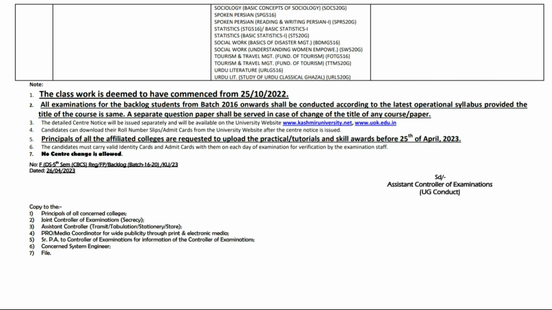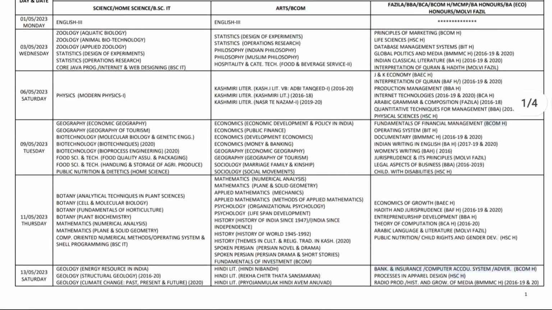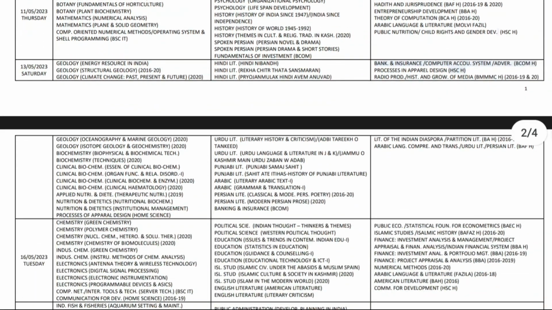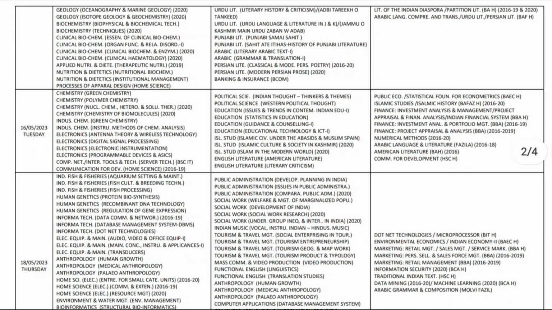The examination of skill courses, both practicals as well as tutorials, will be conducted by the respective colleges before 25th of April 2023. So this was all regarding the date sheet for BG 5th semester.